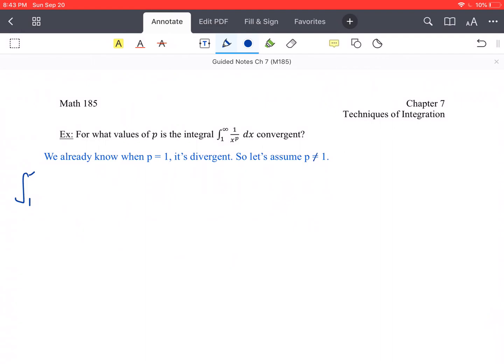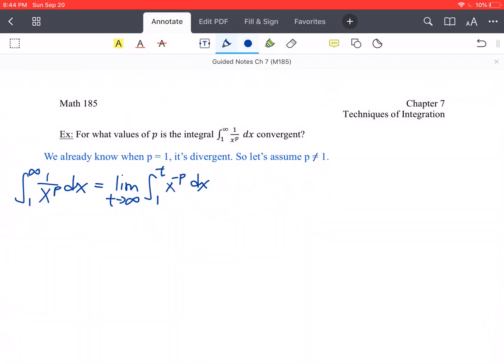So we have the integral from 1 to infinity of 1 over x to the p dx. That's going to be the limit as t approaches infinity of the integral from 1 to t of 1 over x to the p dx. Because we're leaving it in terms of p, I'm going to put this in a form that's easier to read, since we're undoing the power rule here.